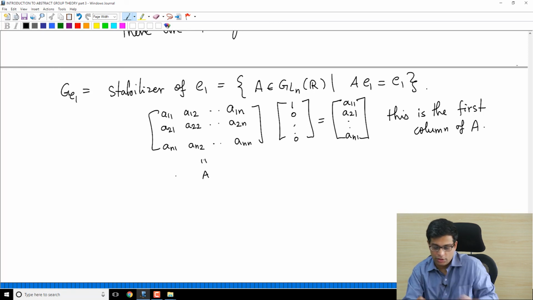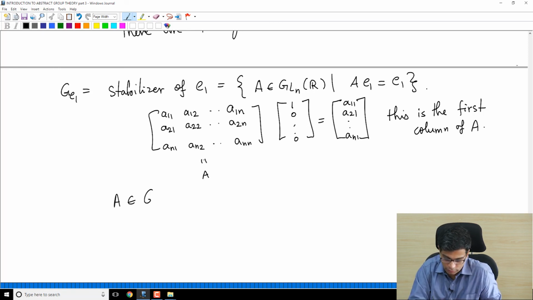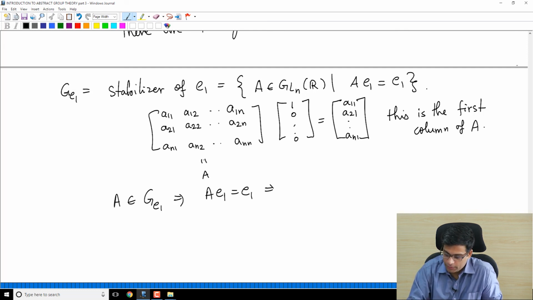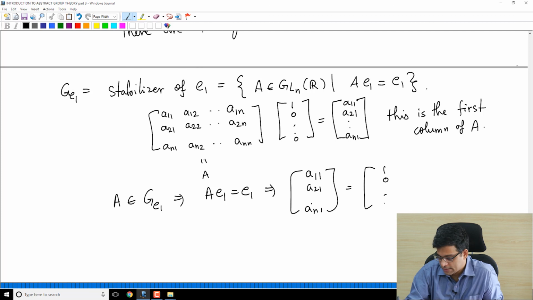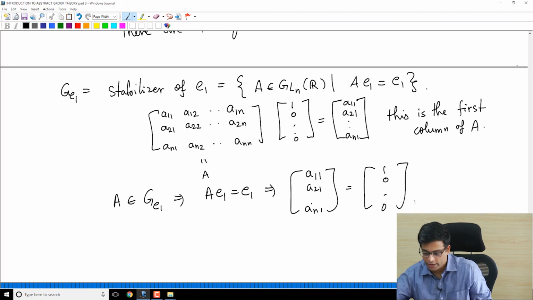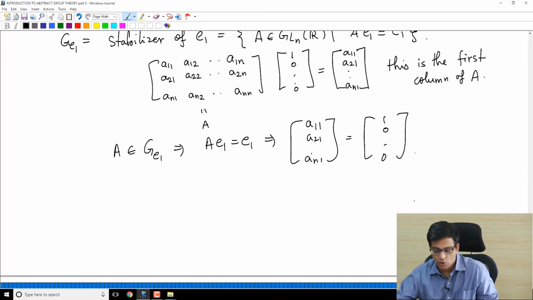But if A is in the stabilizer, then Ae1 is e1. That means the first column of the matrix A must be (1, 0, 0, ...), e1 itself. And there is no other condition, right?